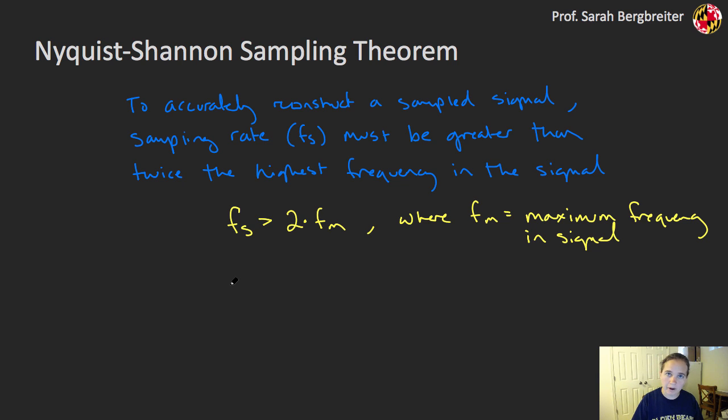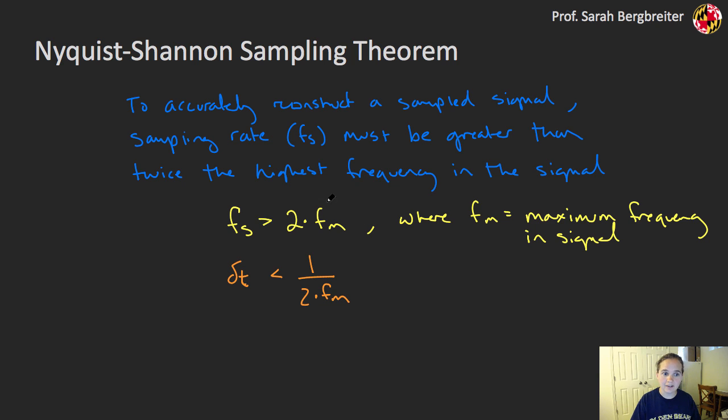And yet another way of thinking about that is in terms of sampling interval: delta t has to be less than 1/(2fm). So if I follow these rules, I should be able to accurately reconstruct the signal.